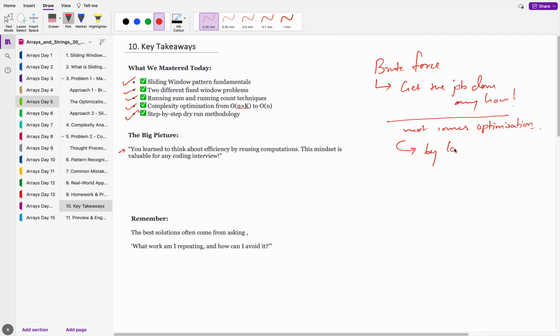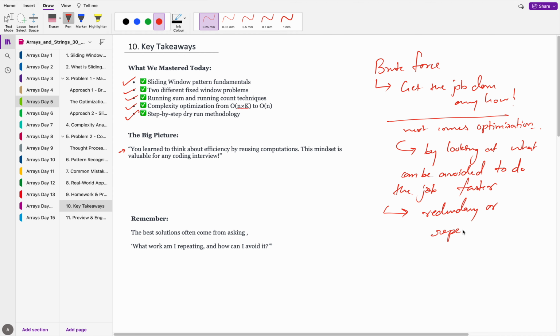By looking at what can be avoided to do the job faster. So any kind of redundancy or repetition removal must be done. Okay, here in today's session, that's what we have seen, है ना?